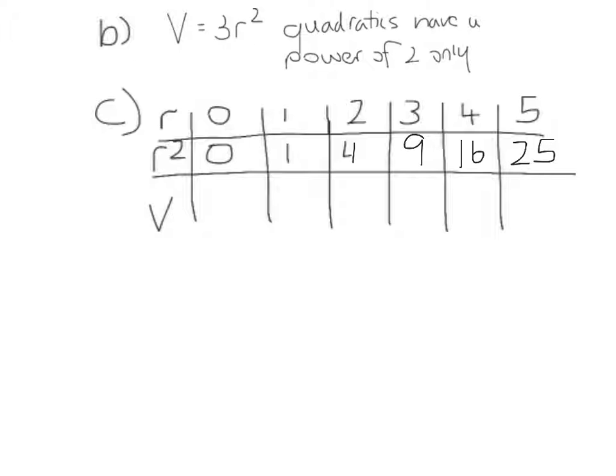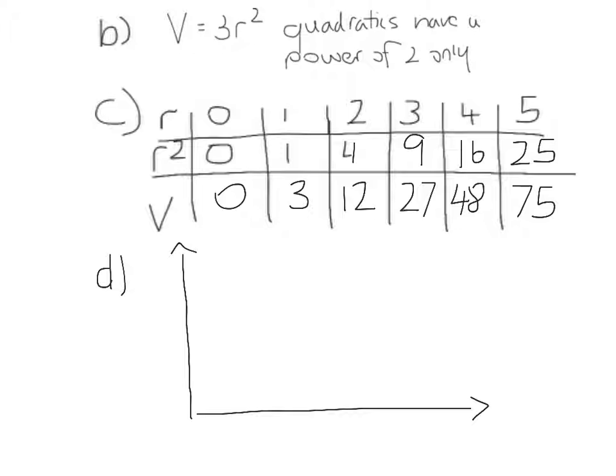So since the volume is equal to 3 lots of r squared, then V is 3 lots of 0, which is 0, 3 1s are 3, 3 4s are 12, 3 9s are 27, 3 times 16 is 48, and 3 times 25 is 75. So we have found the volume if the radius changes of our pool from 0 to 5.